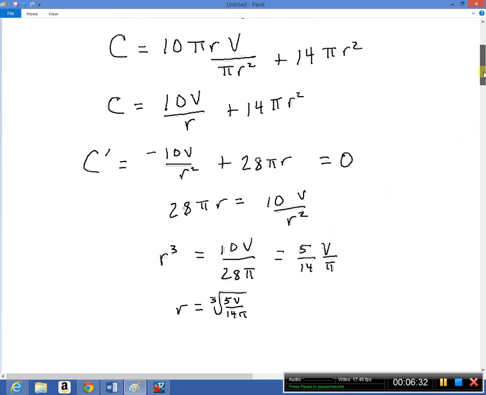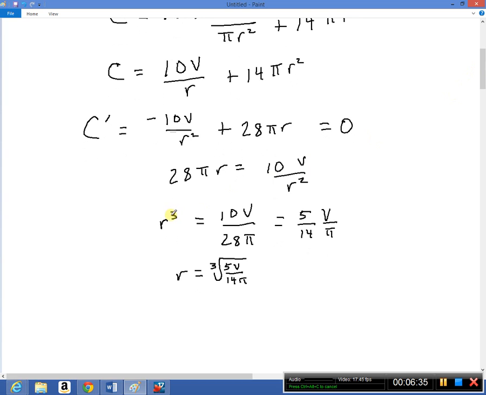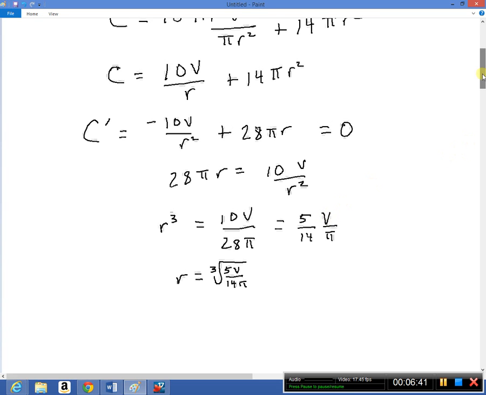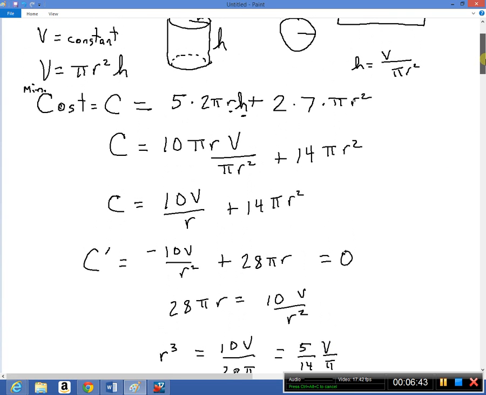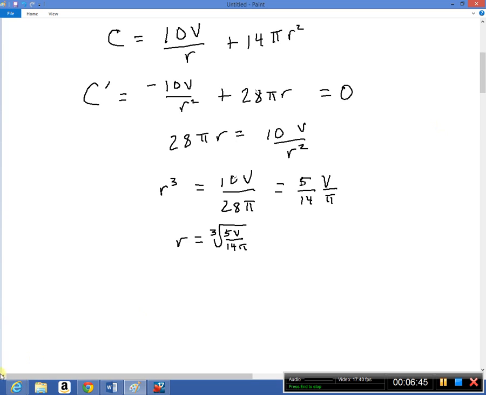But I bet if we go back to this equation, r cubed equals 5v over 14 pi, and plug in v as we did before, v is equal to pi r squared h. So if we look at that, this is going to be r cubed equals 5 times pi r squared h, that's our v, divided by 14 pi.